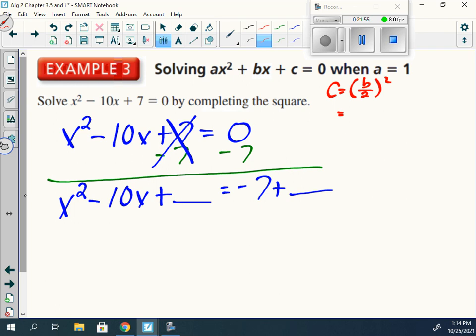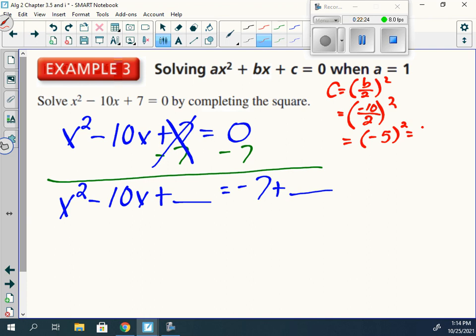So c is equal to negative b over 2 squared because we're using this to get a perfect square trinomial. Now the value of b in this case is what? Negative 10. Because the b value will be in front of the x term, and that is negative 10. Now we have negative 10 divided by 2, which is negative 5.